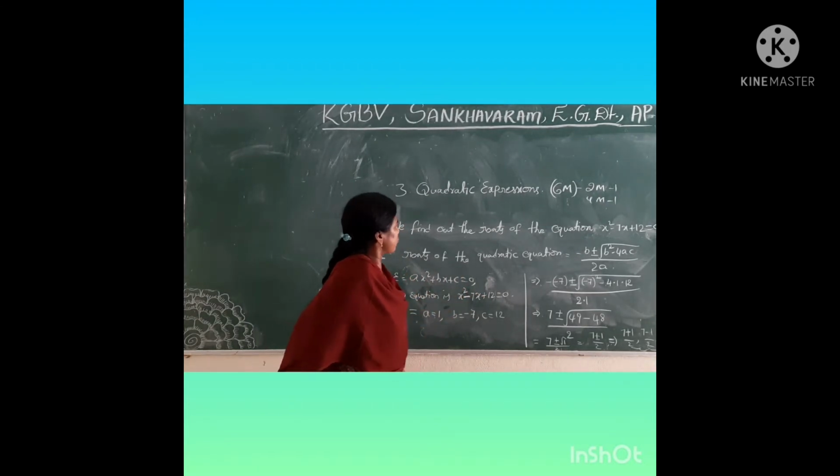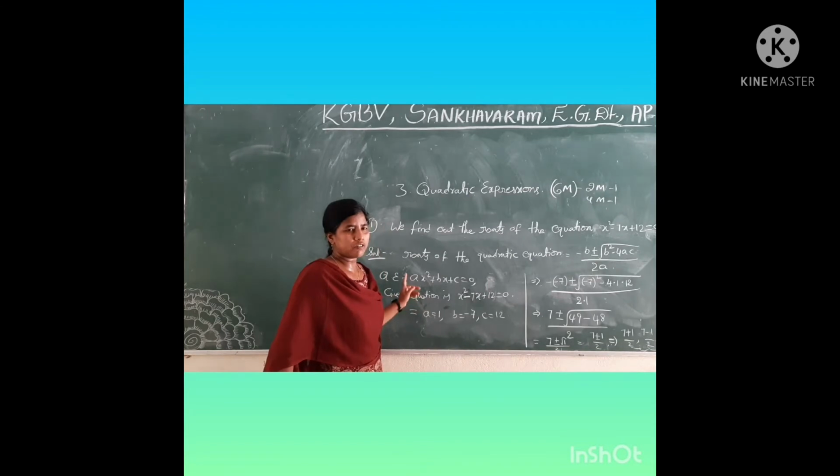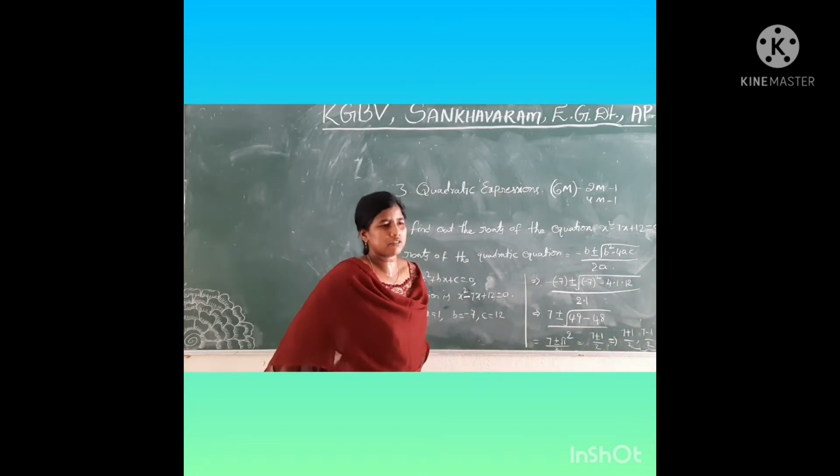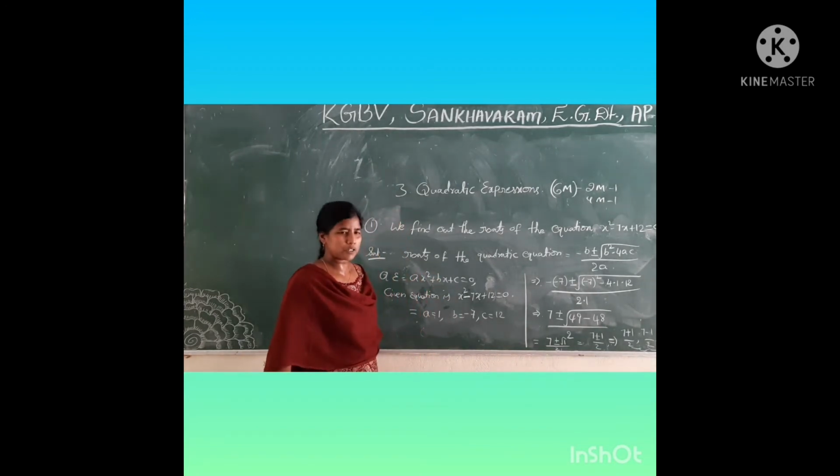Okay, understand this one. What did we learn? About the quadratic equation and the roots of the equation. What is the general form of the quadratic equation? Ax square plus bx plus c.